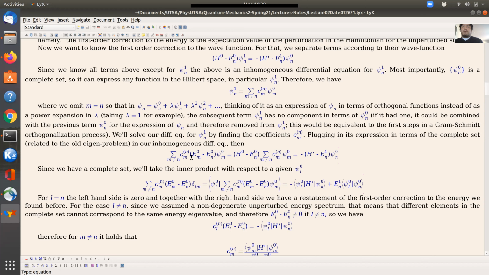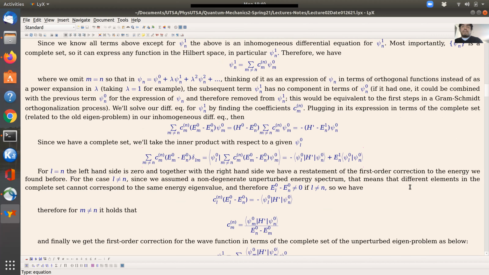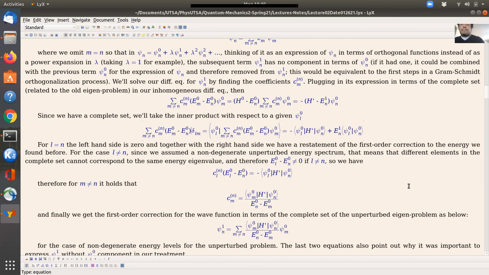This is just the inner product of this expression with psi 0L. And then you'll have the inner product of this side. Again using linearity, you have H prime, psi 0L, and then with psi 0n, then you take the E1n out and you have this. So well, let me explain two different cases. Let's say that L is equal to n.